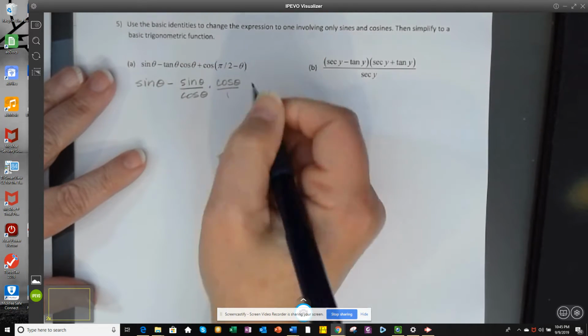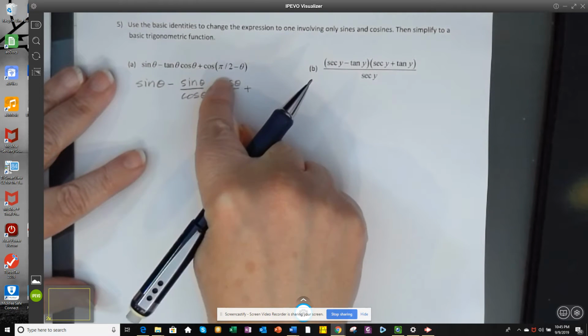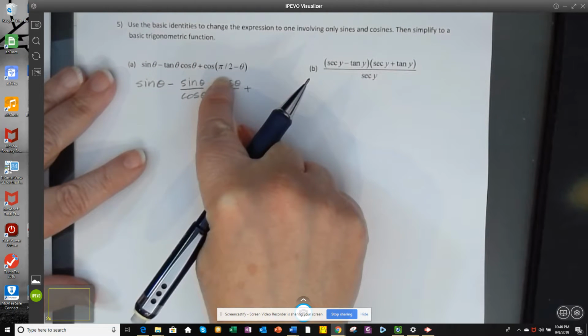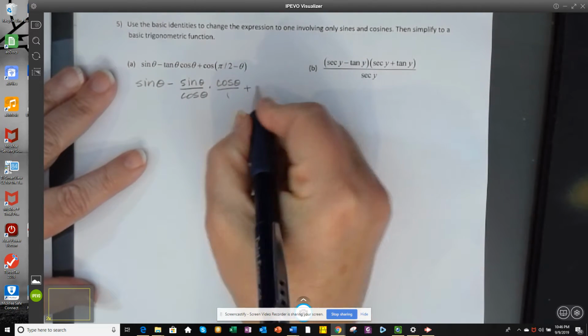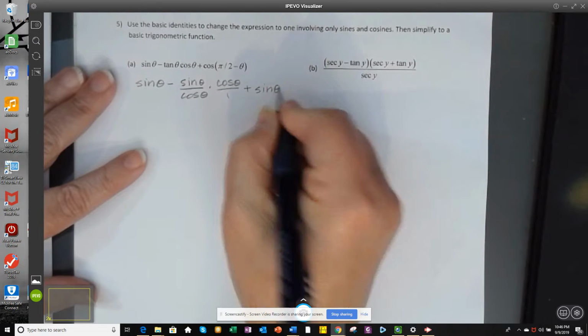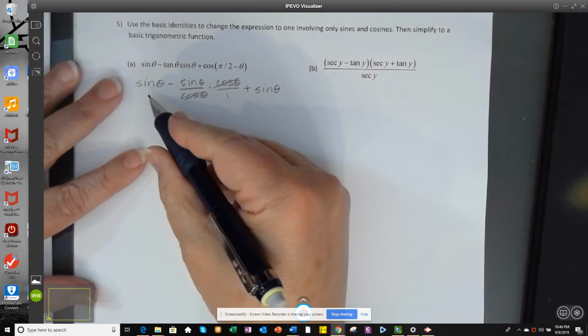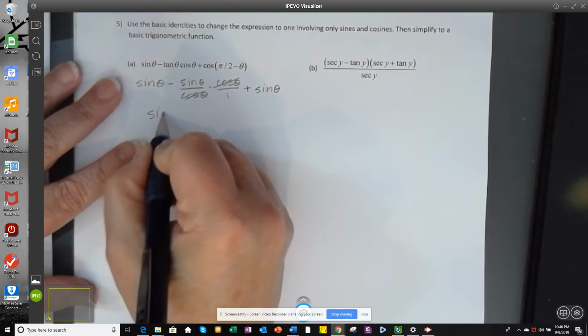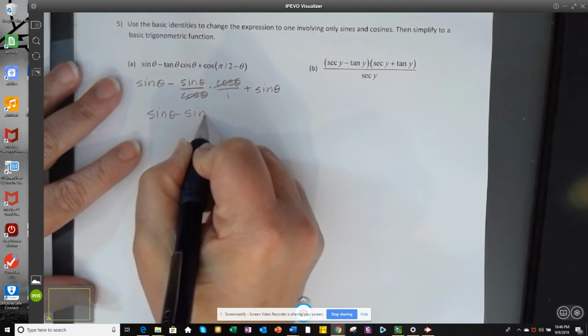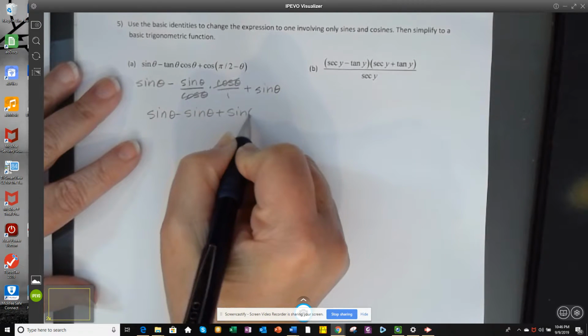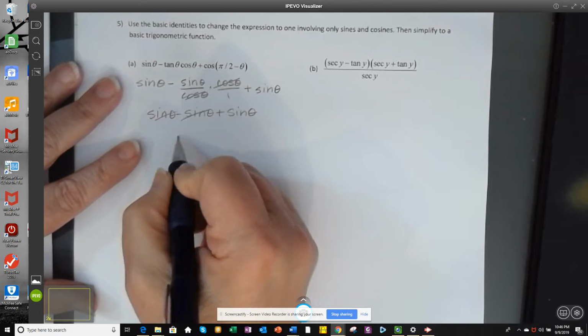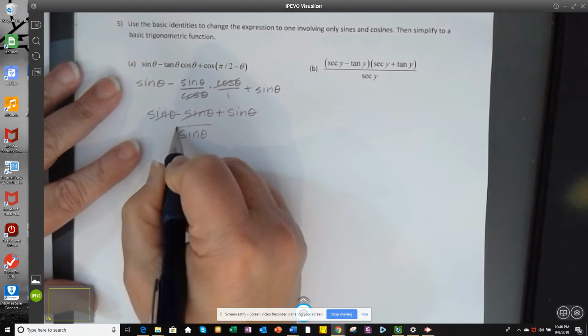This is really over 1. Plus, well, the cofunction identity for cosine of pi over 2 minus theta is sine of theta. Okay, and then these two cancel, and I'm left with sine theta minus sine theta plus sine theta, which gives me just 1 sine theta. And so there's my simplified expression.